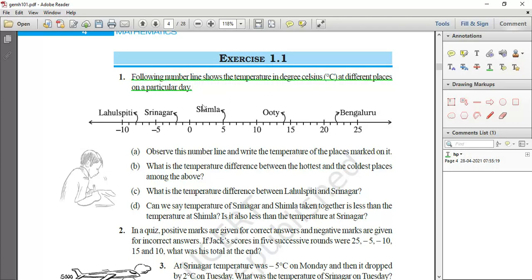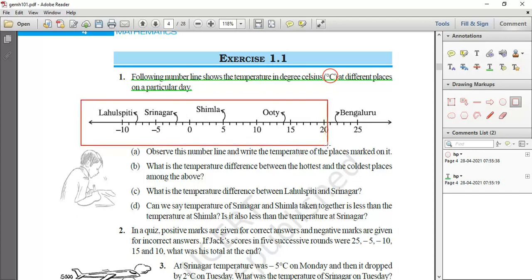Here it is saying that the number line given below shows the temperature in degrees Celsius. The symbol of degree Celsius is like this, at different places, and it is of a single particular day. So the number line is given here.